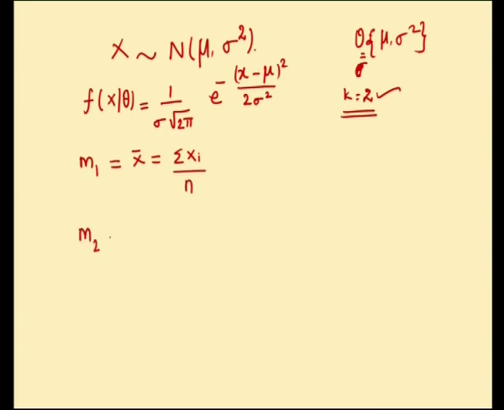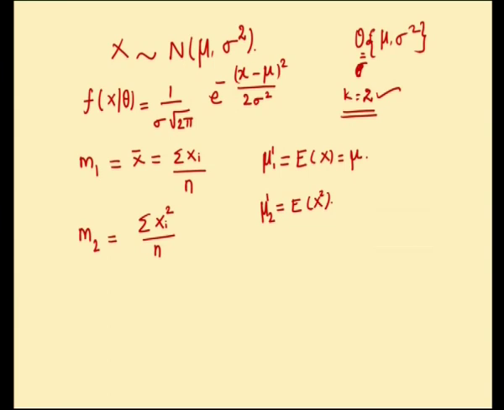Secondly, I calculate m2 using the same idea, second moment, and here the mean, that is mu 1 dash, is expectation of x, which is nothing but mu. Mu 2 dash, we have to calculate for the population, which is expectation of x square.